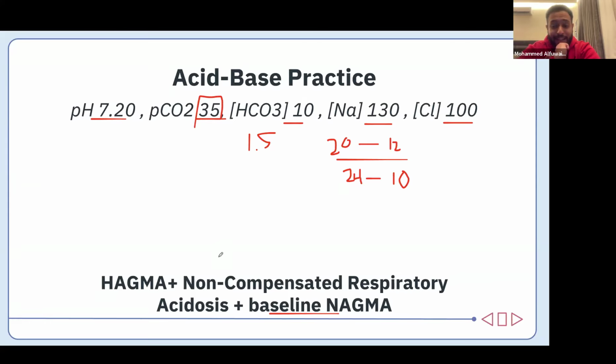They're losing bicarb, so metabolic acidosis. Is this a normal or high anion gap? Normal. You're just losing bicarb. There's no acid involved.